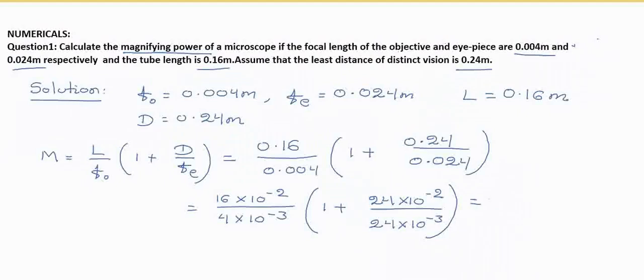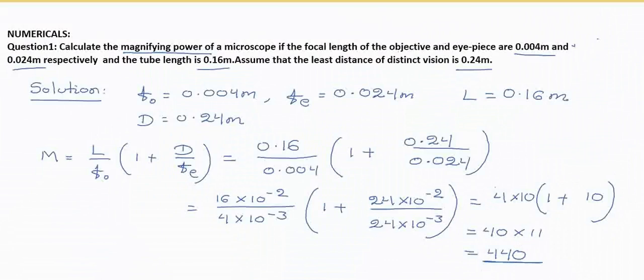This is equal to 4 into 10 into 1 plus 10, which is 40 into 11, equal to 440. It has no unit, so the value is 440.